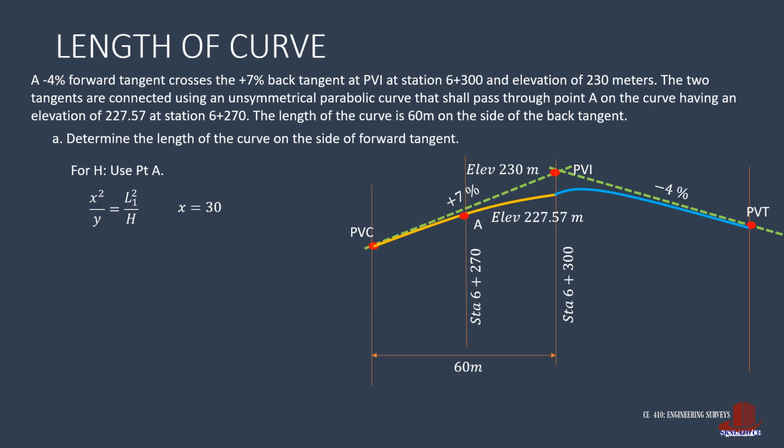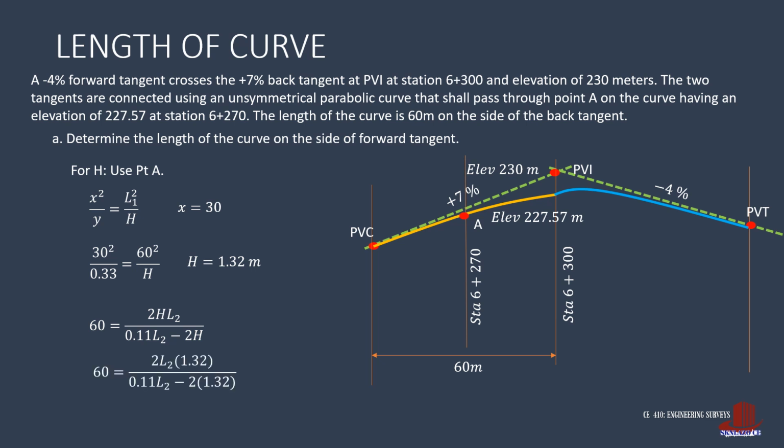With y already known, get back to the proportionality and fill in the parameters. 30 squared is to 0.33, as 60 squared is to h. Cross multiply and simplify to have h of 1.32 meters. With the value of h already identified, get back to the function we simplified earlier. Then plug h of 1.32 meters.